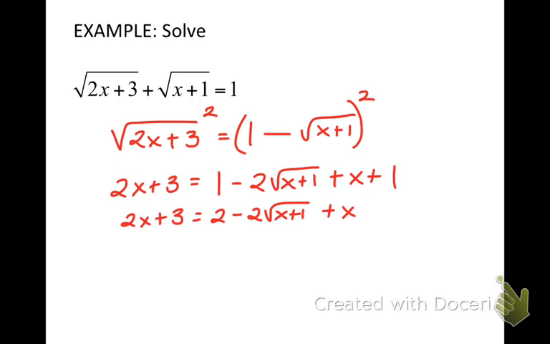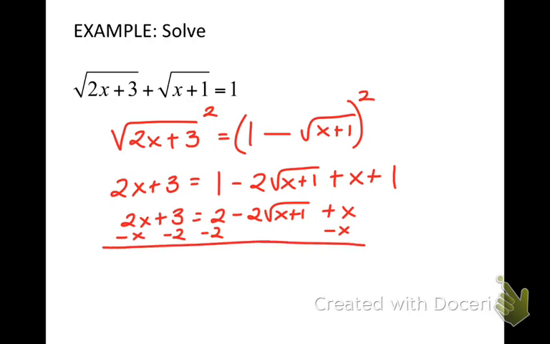So we got some options. We can either move that over to the other side, make it become a positive, and then move everything to the right, or just move everything to the left and just deal with the negative. And I'm okay with dealing with the negative. So let's move everything but this negative 2 square roots of x plus 1 to the other side. So I'm going to subtract my 2 over to the 3. I'm going to subtract my x over to the 2x.